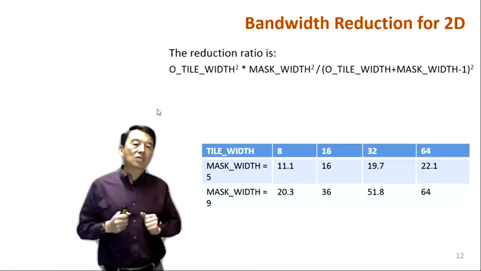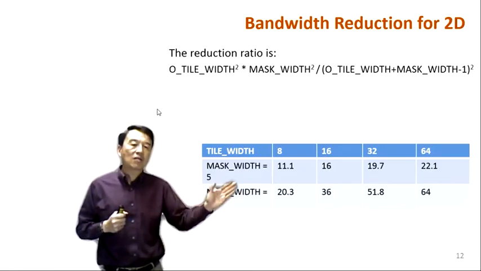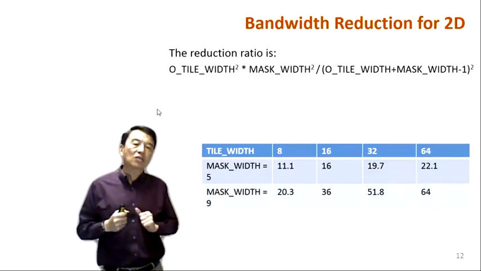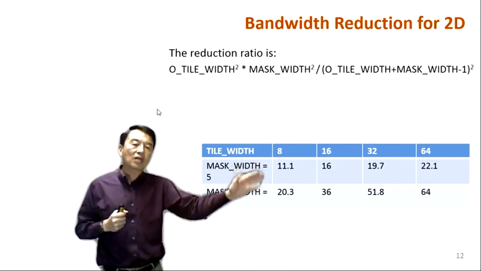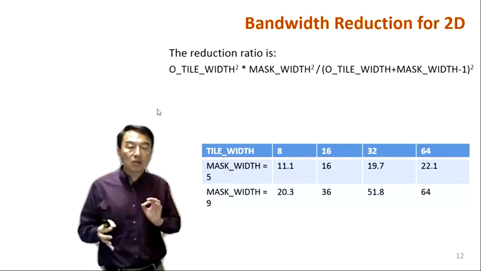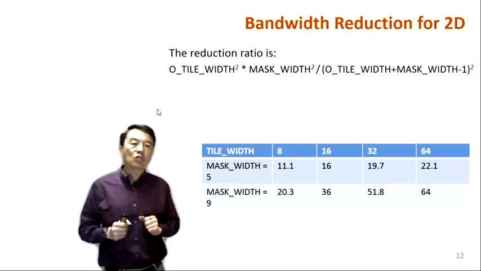And here we see that for a 16 by 16 output tile, we will be able to get somewhere around 36 times memory reduction. So these numbers are actually quite significant. They are quite similar to the matrix multiplication reduction ratios.